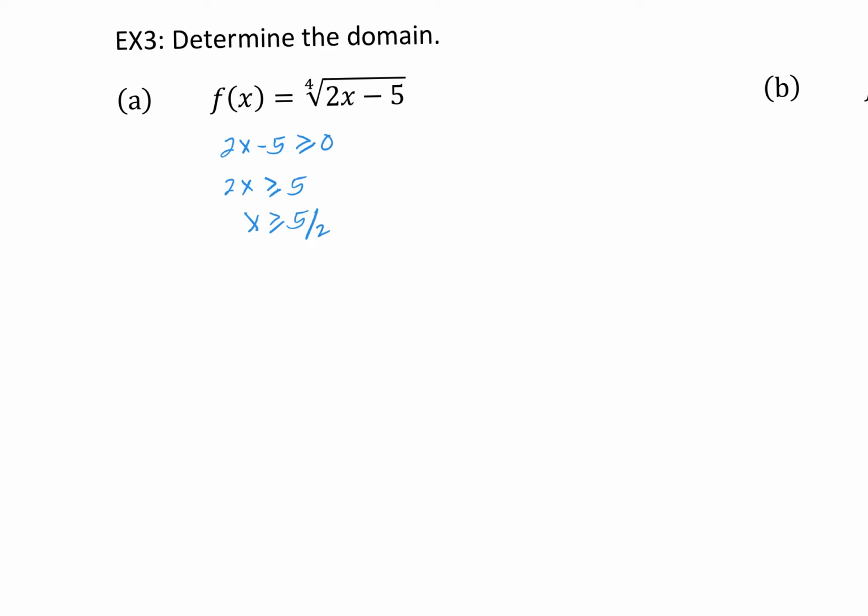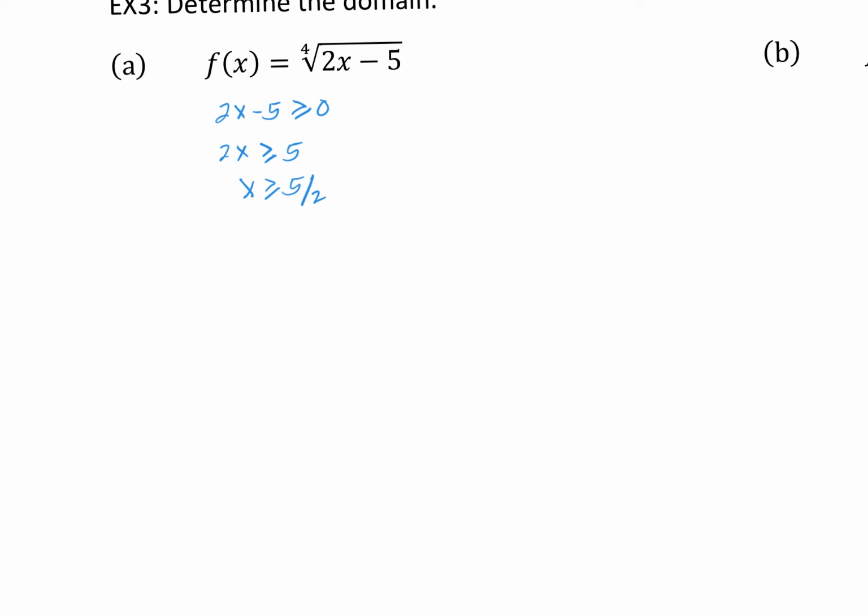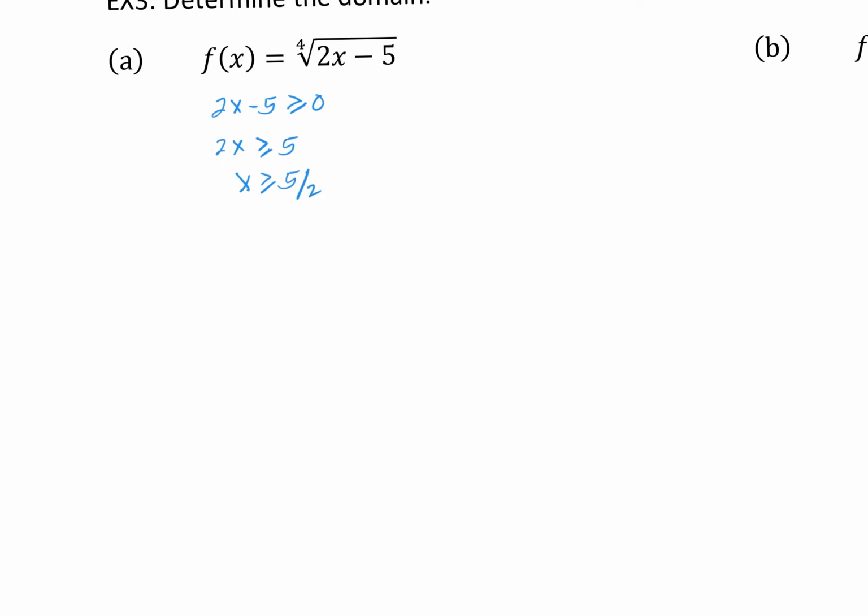So typically we would write these solutions in interval notation when we're looking at the domain. So everything greater than 5/2 would be a bracket because we're including the 5/2 to positive infinity.